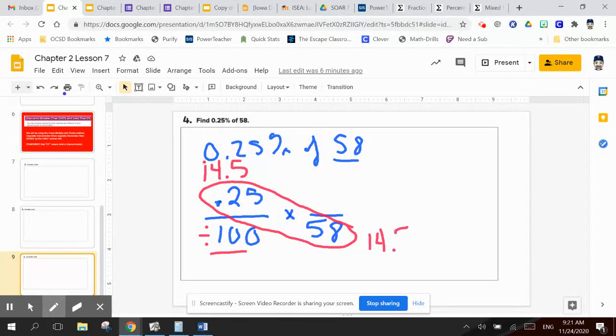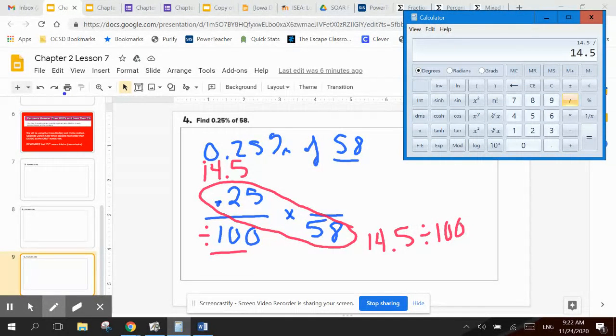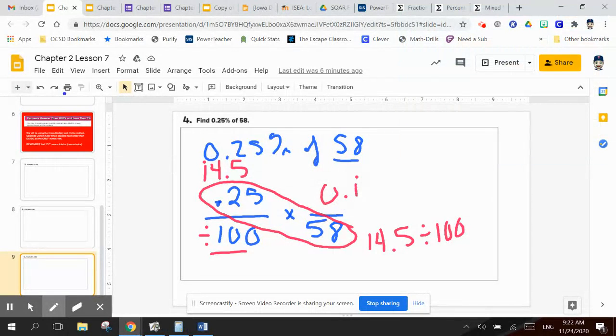So 14.5 divided by 100. I divide that by 100, and I get 0.145. Another trick when you're dividing by 100, you can simply move your decimal backwards 2 places as well.